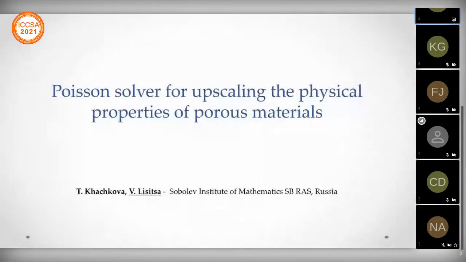Okay, the next presenter is Vadim Lisitsa, presenting a paper with the title Poisson Solver for Upscaling the Physical Properties of Porous Materials.